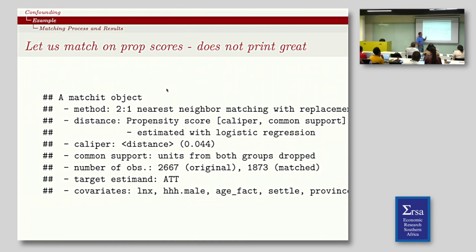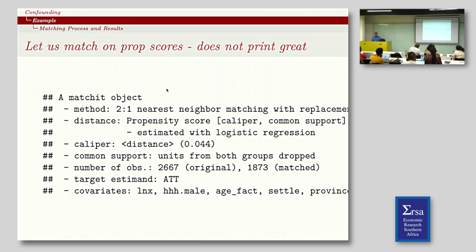I've got 2.7 thousand observations, and I end up with 1,873 matched. I'm using the propensity score with a caliper and common support, using a logistic, but I could choose to do a probit if I really wanted to. Just following that web page I showed you not too long ago.